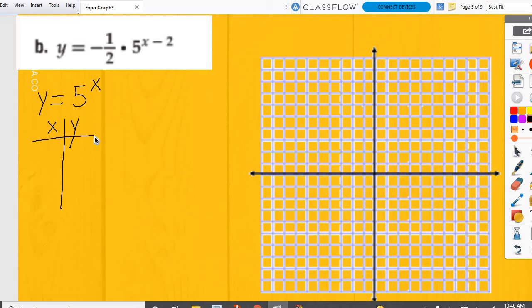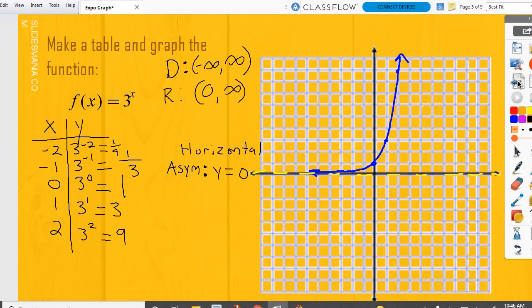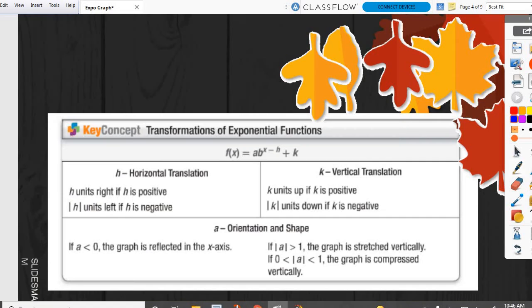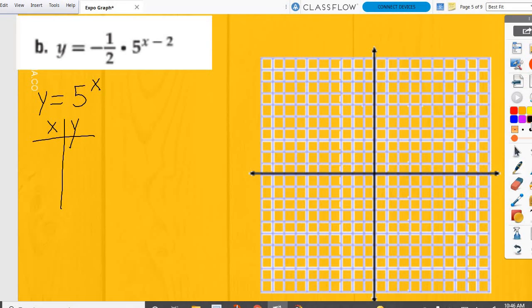Now, we plugged in a couple of different values for this first one that we did, but really, these 3 values in the middle are going to be our key values. That's what we want to plug in every single time, because that's going to give us the general shape of our graph.